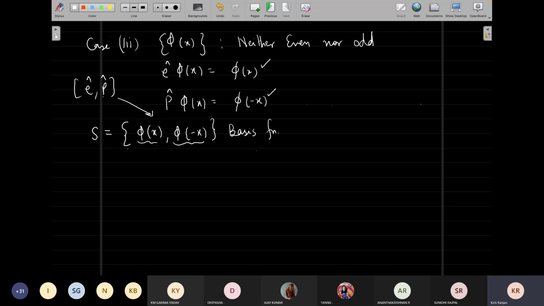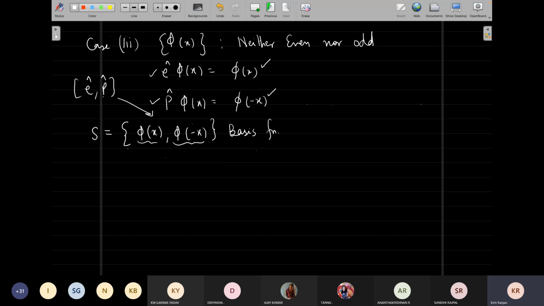So what will I have to do? I will have to see the effect of operator E on both the functions and construct a representation. And I have to see the effect of the P operator on both the functions and see what happens. That's what we are going to do next in order to construct this representation.